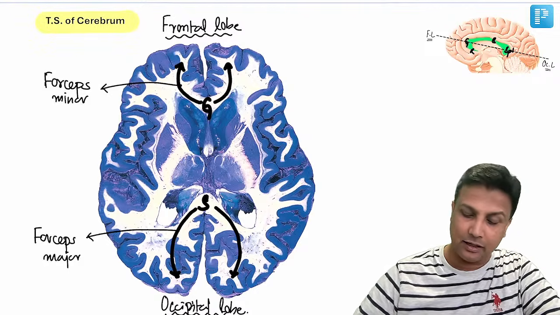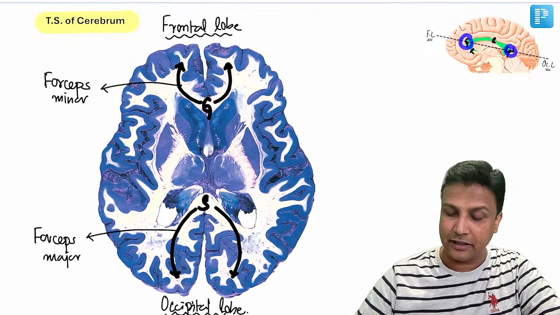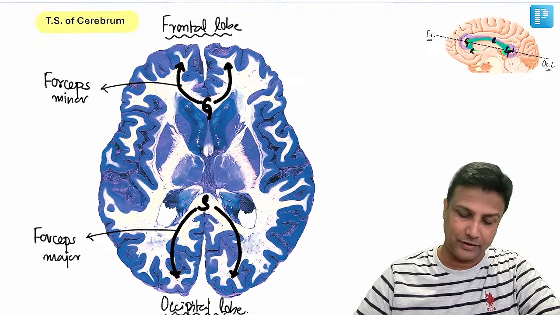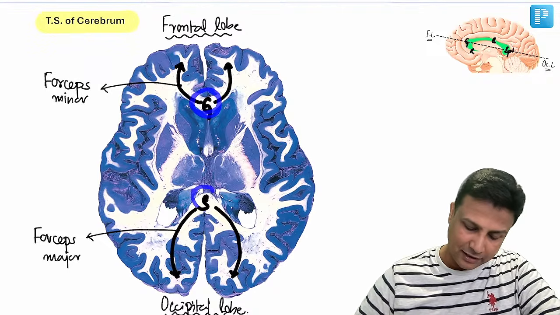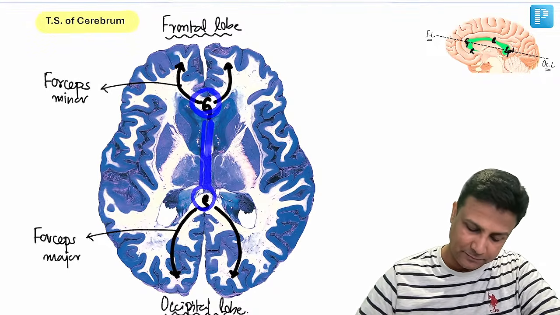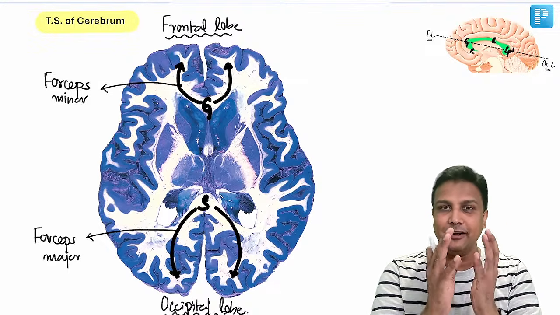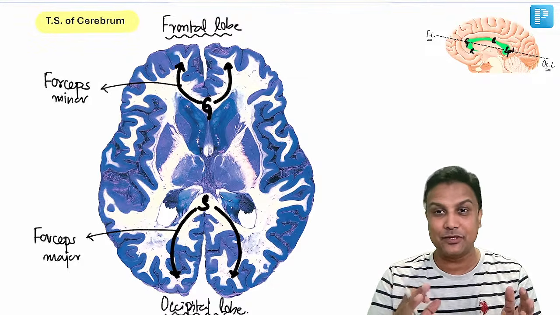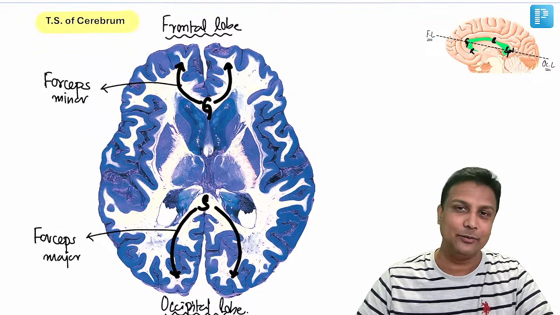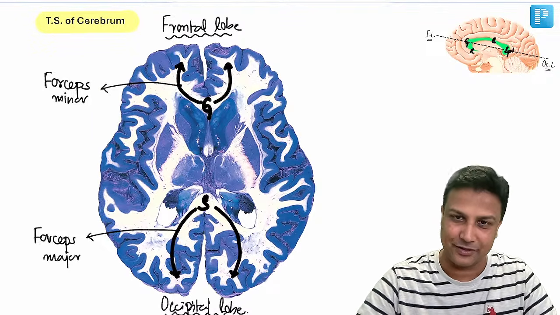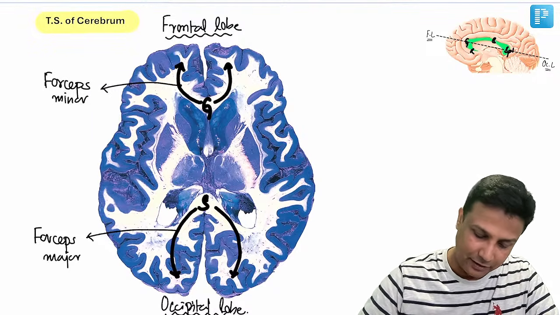And just now we have seen in our diagram that the genu and the splenium are connected by the body here. Now from that body, you need to understand there are certain fibers which connect the cerebral hemisphere on either side, and those fibers are referred to as tapetum fibers.